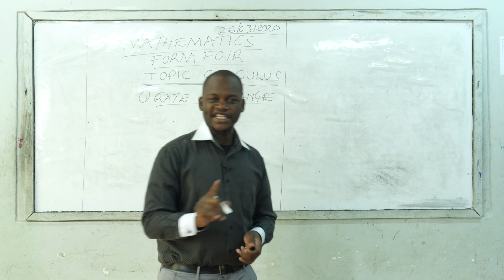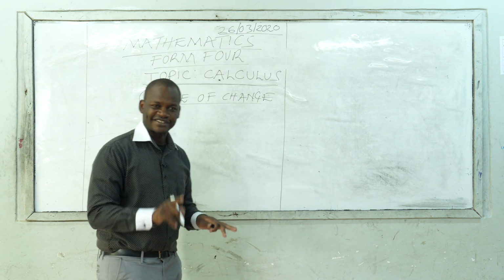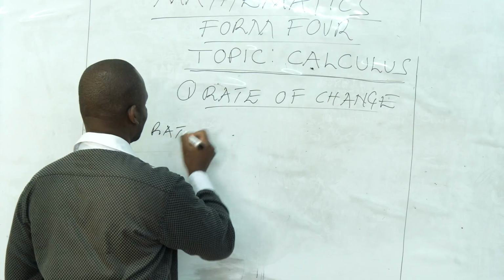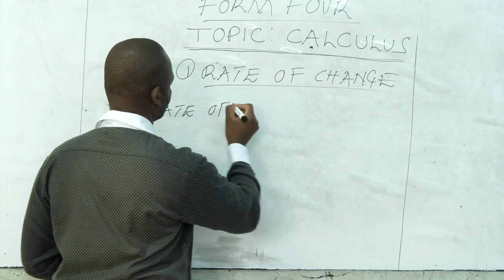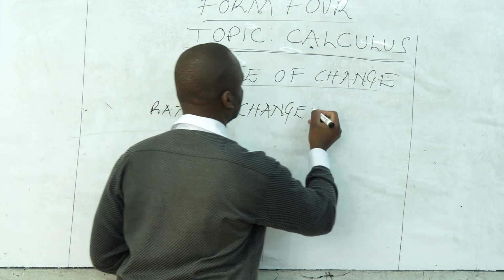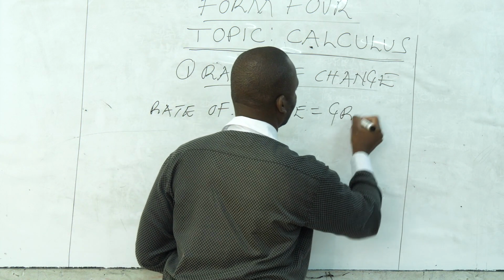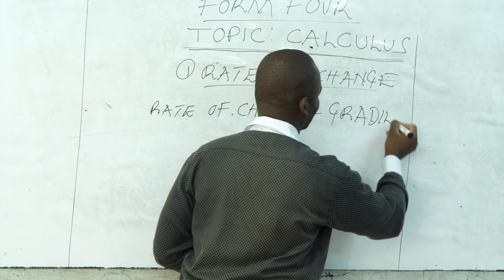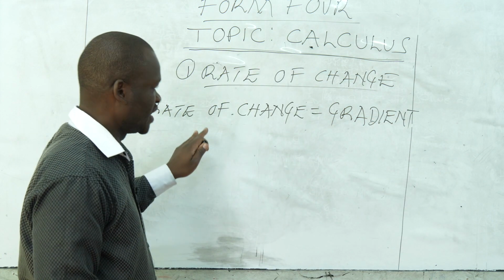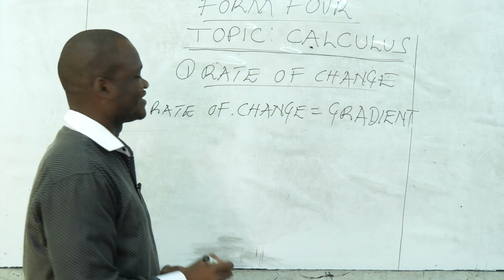So rate of change and gradient have the same meaning. Rate of change is equal to gradient. They have the same meaning.